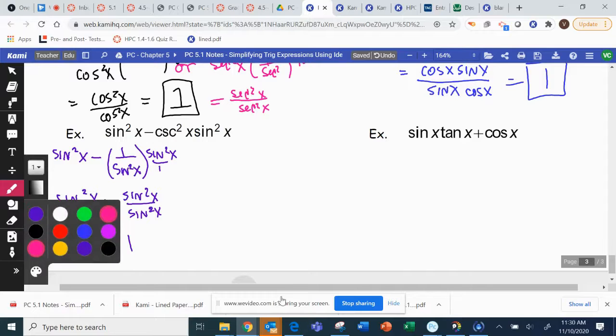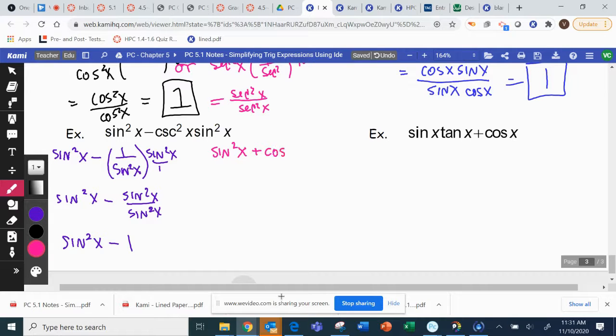So the Pythagorean identity of sine squared x plus cosine squared x equals 1. In order to get sine squared x minus 1, I'm going to have to take away that cosine squared x from both sides.